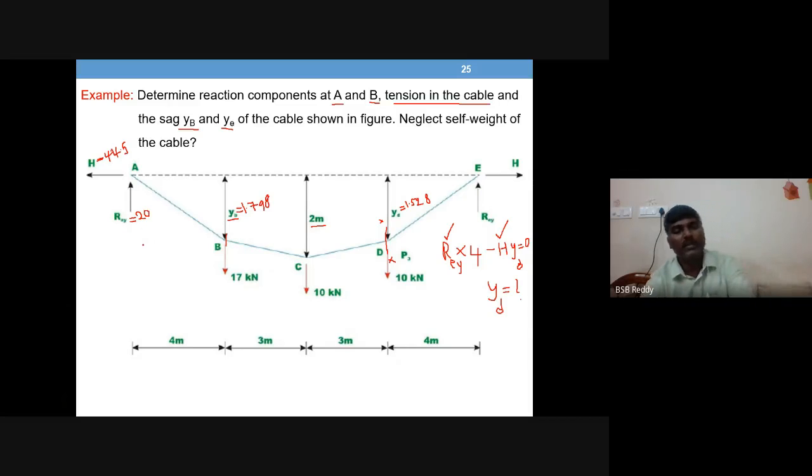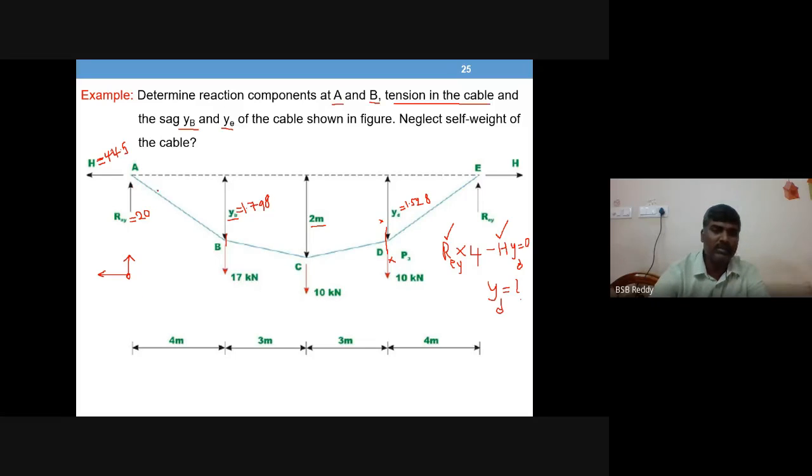Vertical reaction is 20, horizontal reaction is 44.5 kilonewton. Right. So taking joint A's free body diagram, you see that. So this is joint A. So you have H, you have V. So there is a cable here.